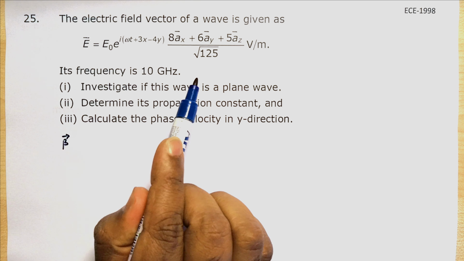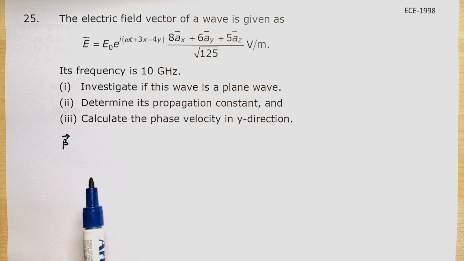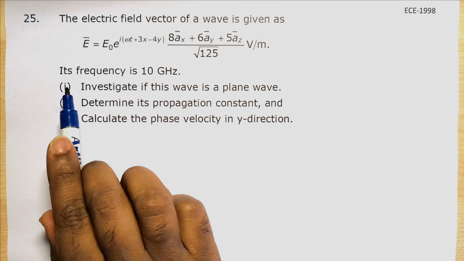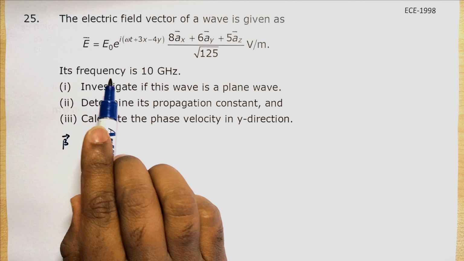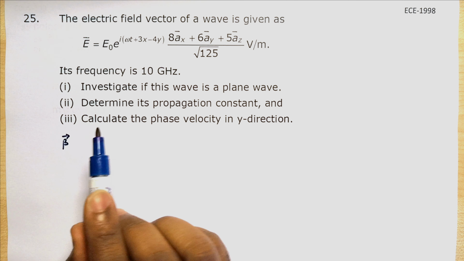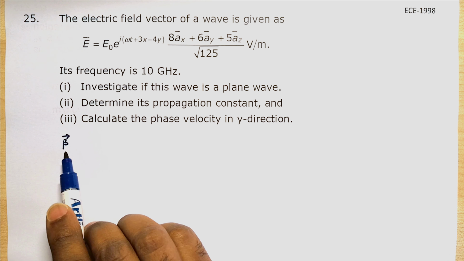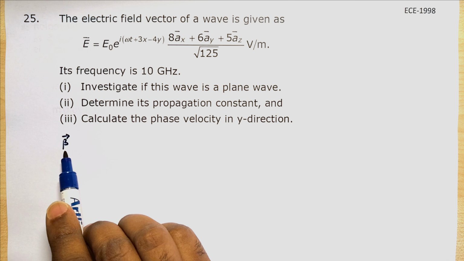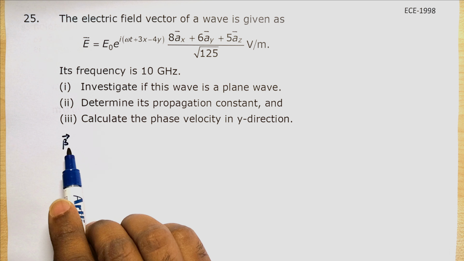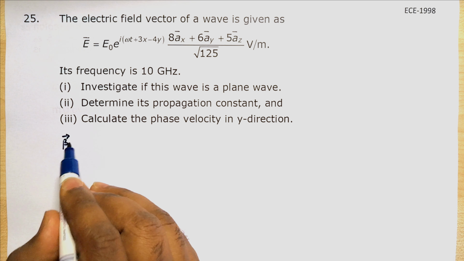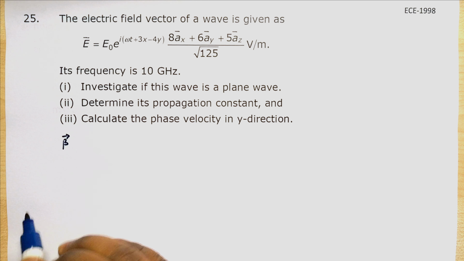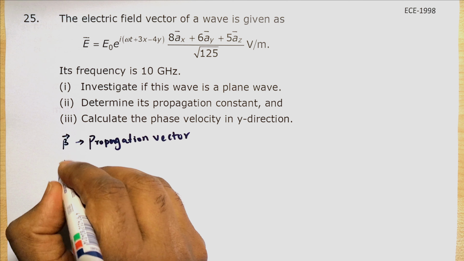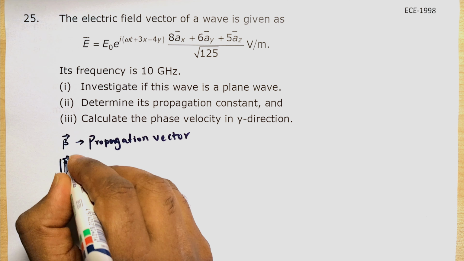Since in this question there is no mention of the medium in which it is traveling, and only the frequency is given, I will just assume the propagation vector is beta, and the propagation constant is the magnitude of this vector. So this is the propagation vector, and the magnitude is the propagation constant.